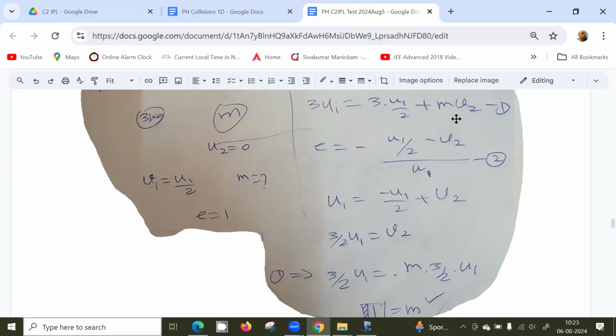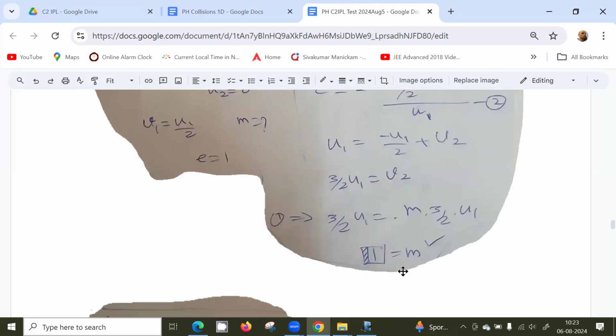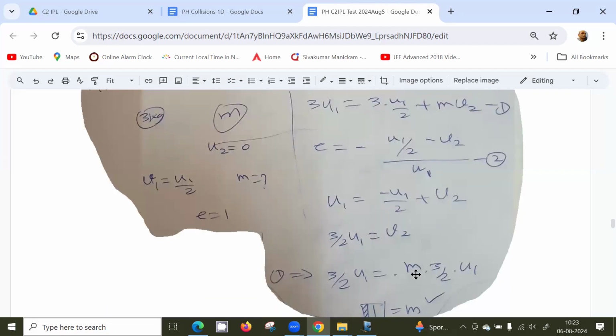So V2 in terms of U1, if I put it here, I'll get 3 U1 equal to 3 by 2 U1 plus m times V2, which is 3 by 2 U1. U1 will cancel. So from this I'll get the mass as 1 kg. Okay. So the answer for this question is 1.